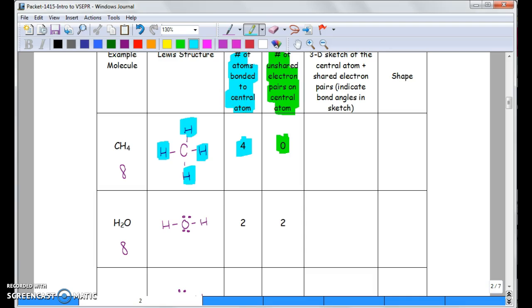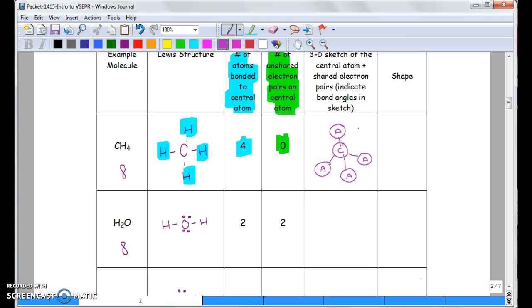So with this structure, in order to get the atoms all as far apart from each other as we can, we have our central atom, the C in there. And it's going to kind of look like a tripod on the bottom. So these guys are going to go on either side, and then there's going to be one that kind of comes out in the front like that. It's kind of hard to represent this in a 3D way, so I'll show you a picture. And then there's one little guy that comes up off the top.